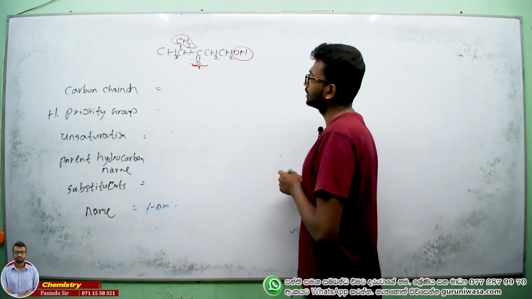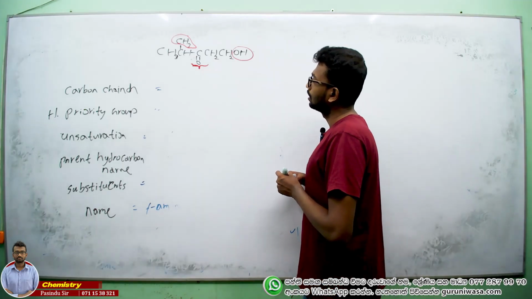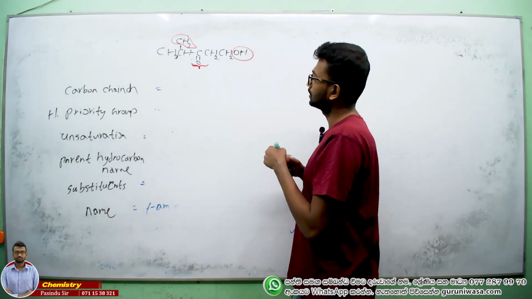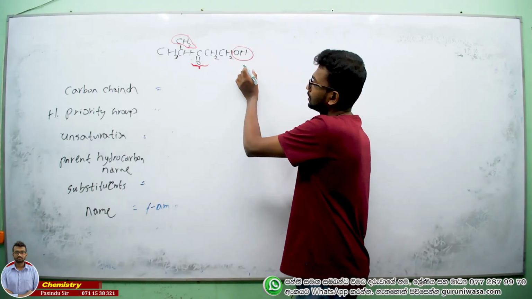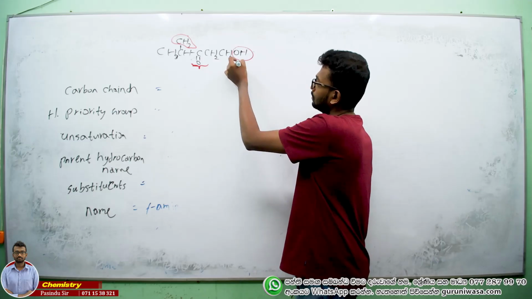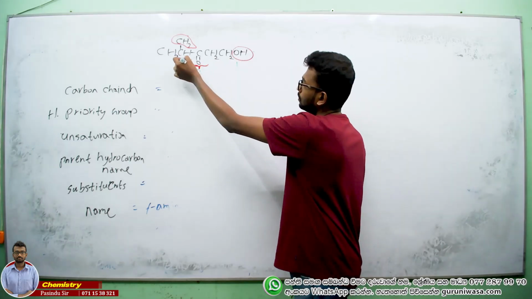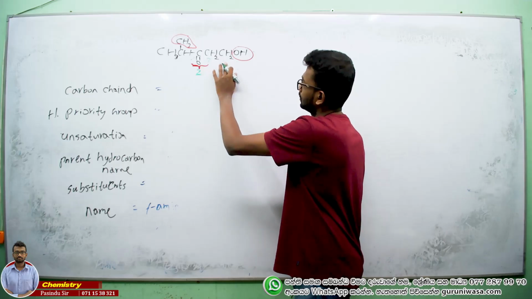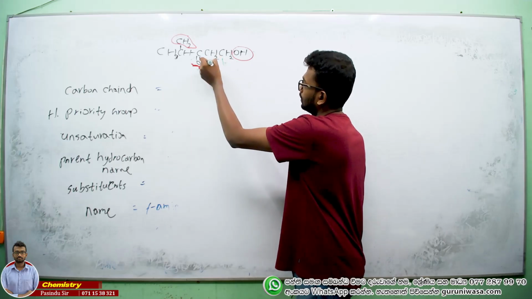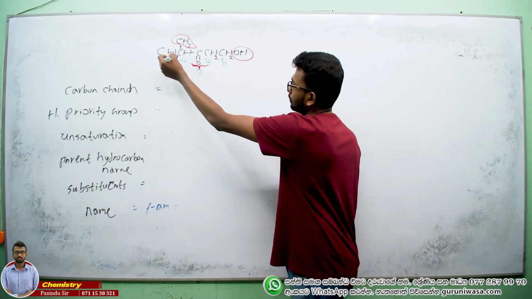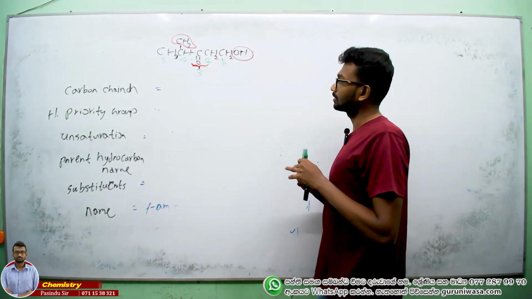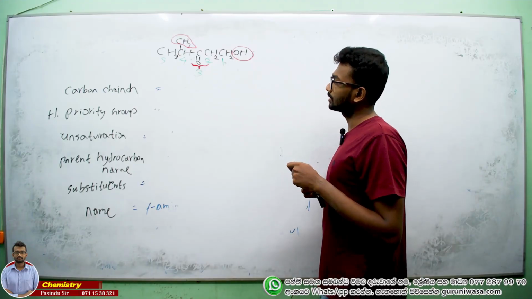Right, so which side gives the lowest numbers for both groups? If we start from this side, 1 2 3, sorry, 1 2 3 4 5: OH gets 1 and CH3 gets 4.